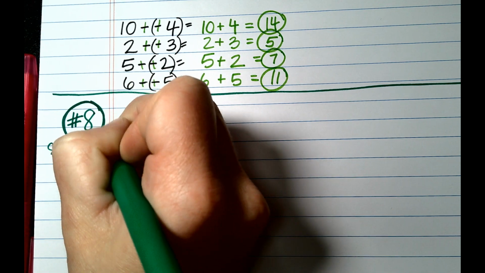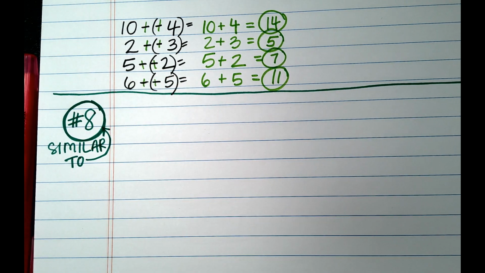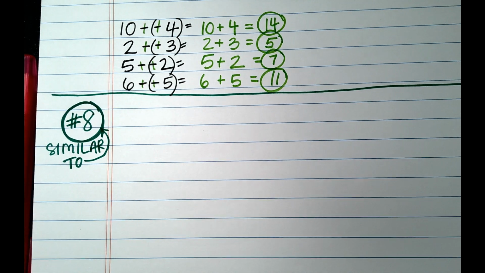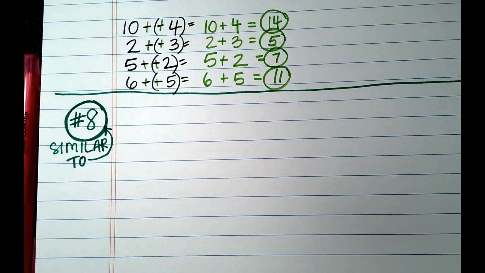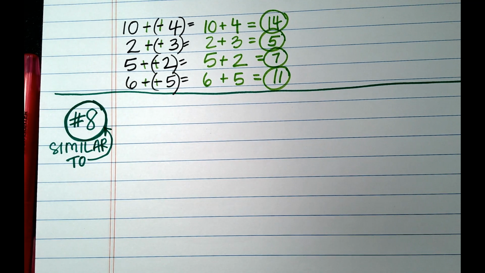Write out a new problem that's similar. And I bet what was difficult about this one is combining two negative numbers, because we had a negative 10a minus 3a. I think that threw a few of us off.